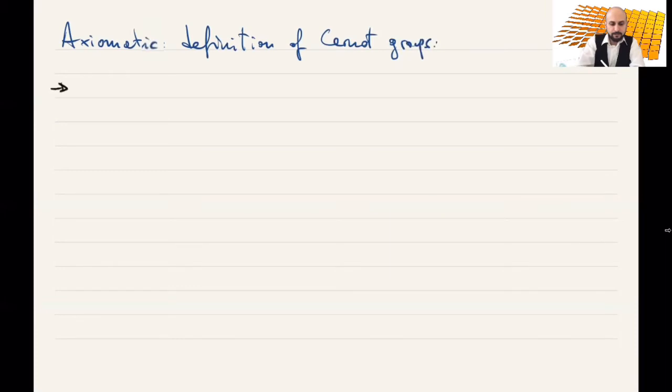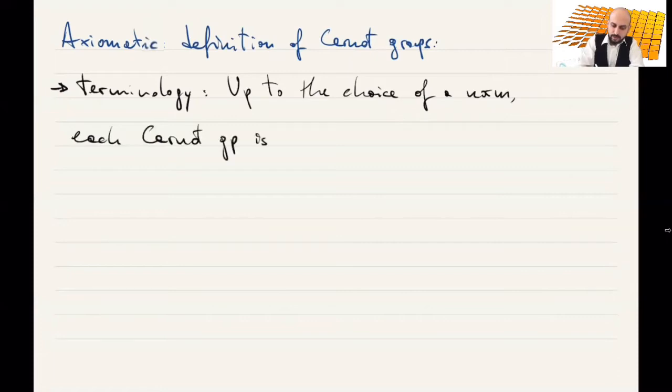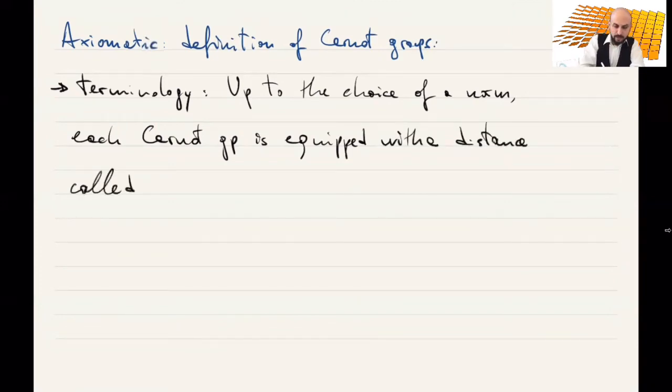So first, a terminology we'll discuss later. Up to the choice of a norm, each Carnot group is equipped with a distance called Carnot-Carathéodory distance.